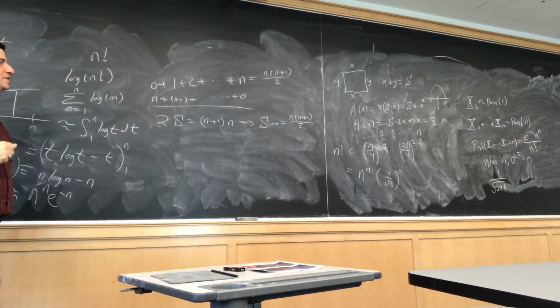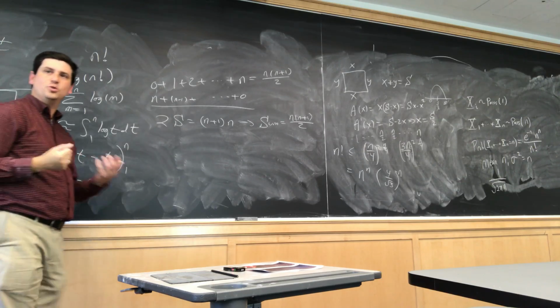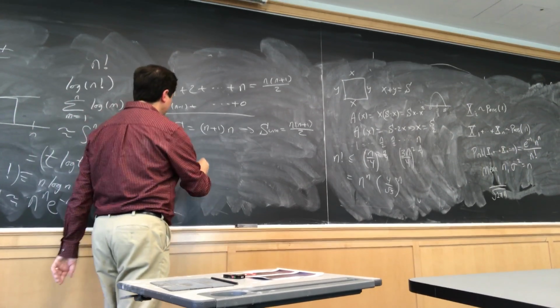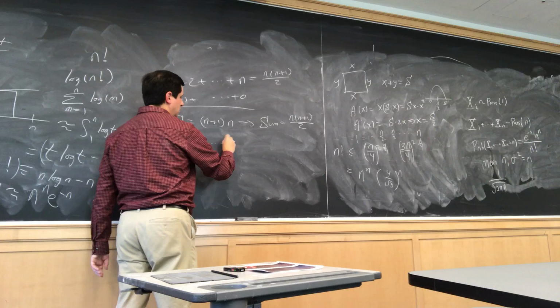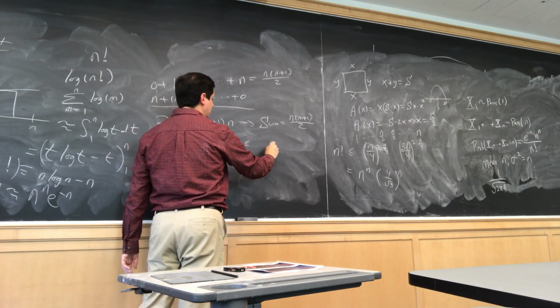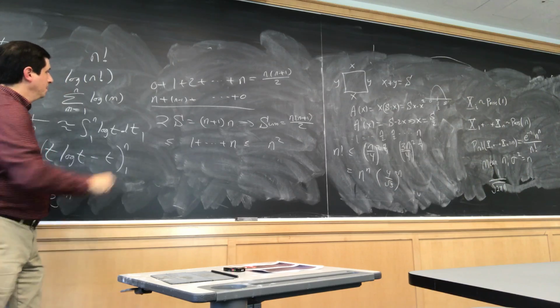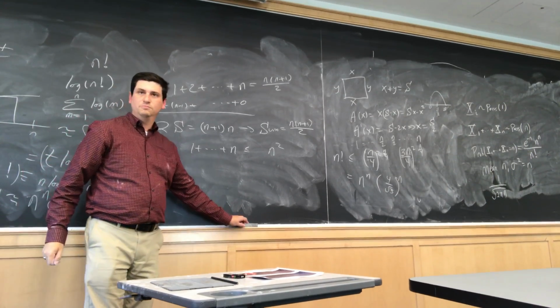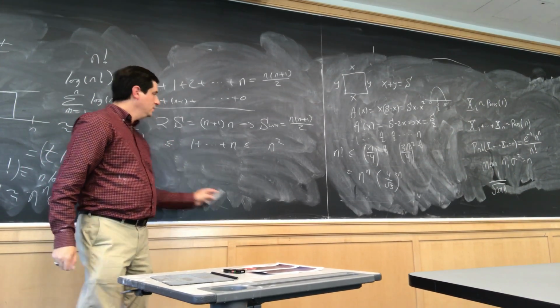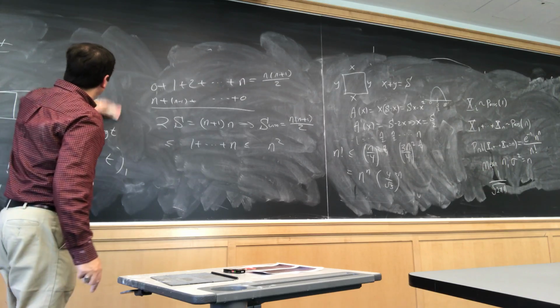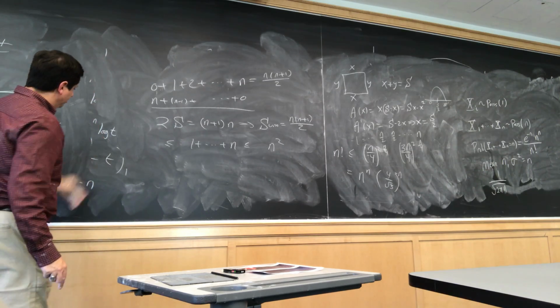When I look at a sum like this, I want to get a quick sense of its order of magnitude. So clearly it's less than n squared, and clearly it's greater than 1. Well, I could actually replace the 1 with just n, take the smallest term every single time.